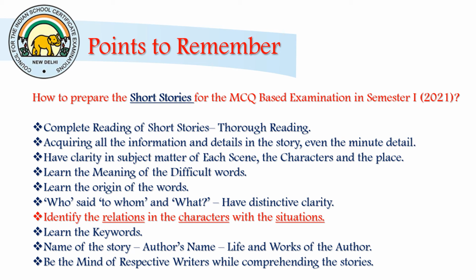So very important: at every point of time, how it has been revolving, how it has been evolving, how it has been changing. All those things you need to keep in mind. Identify the relations of the characters with the situation. This particular point I stress upon very importantly.